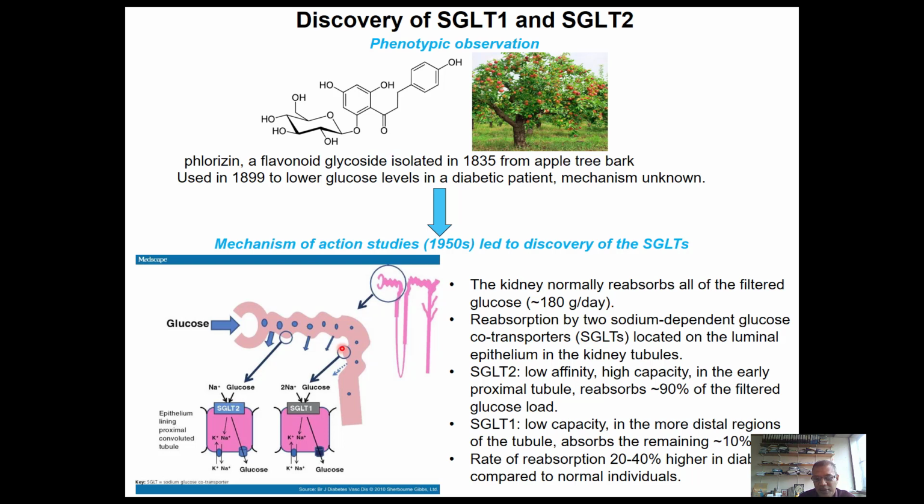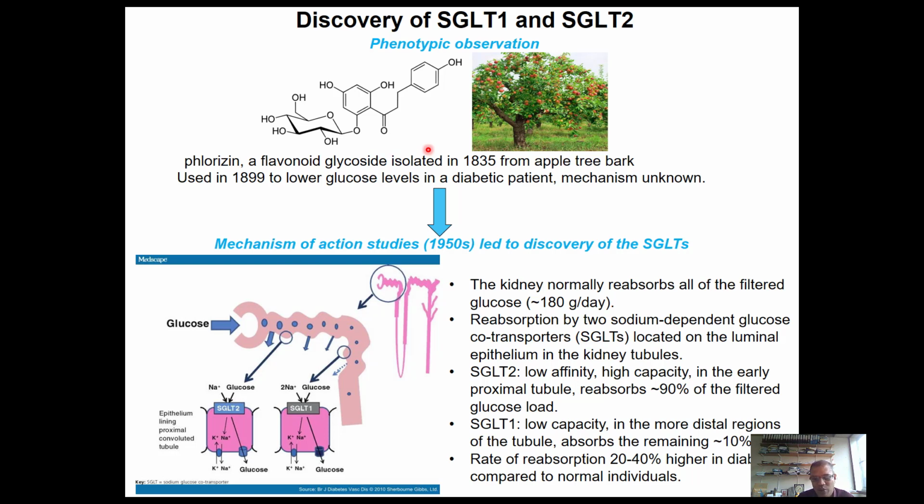And within the kidney, there are transporters whose function is to reabsorb all of the glucose. So we consume a lot of glucose and we produce glucose, and some of it will be in the urine ready to be excreted.